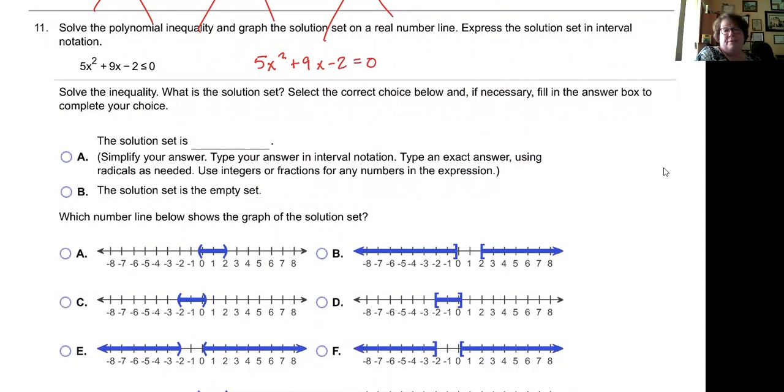And I am going to factor it. 5x plus 2 minus 1 equals 0. So it looks like 1/5 and -2. All right, so now that I know my boundary points, I'm going to set up my number line.